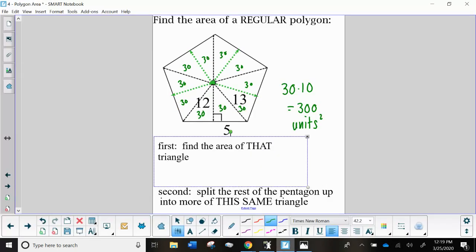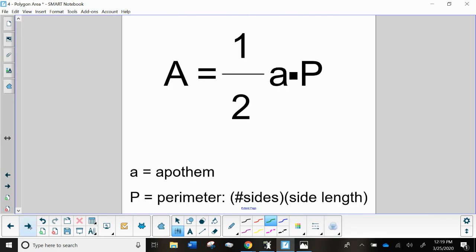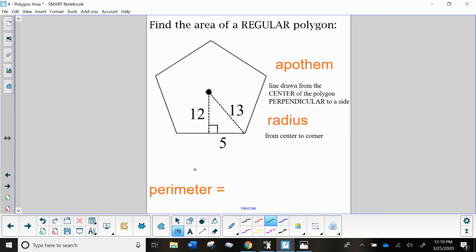So let's go try the same shape, but with this second formula. Keep in mind, if you understood how to do this with the triangles, that's great. You can continue doing that. But here is a second way to do that. So P stood for perimeter. If I'm doing this formula of half times A, which we'll talk about in a moment, times P, I need to get these two pieces.